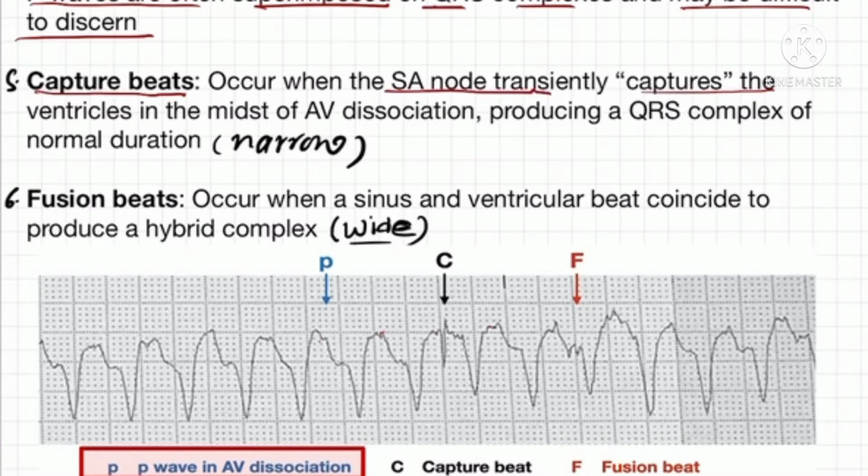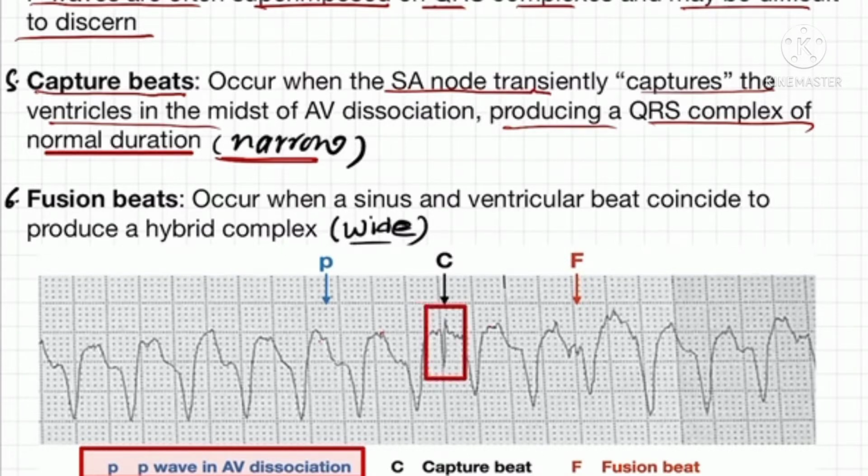That's called a capture beat. The patient is producing a QRS complex of normal duration, that means a narrow QRS complex. This is a capture beat. This one is a capture beat, that means it is beat by the SA node, so it is always narrow.